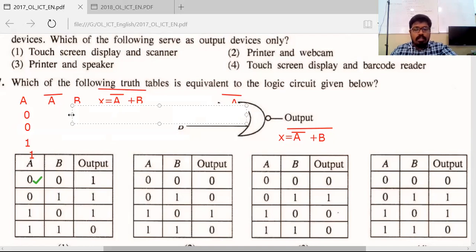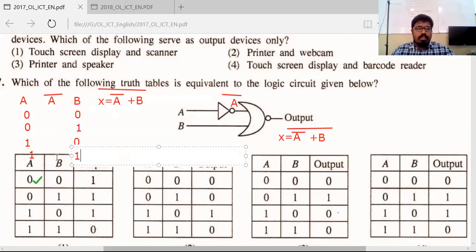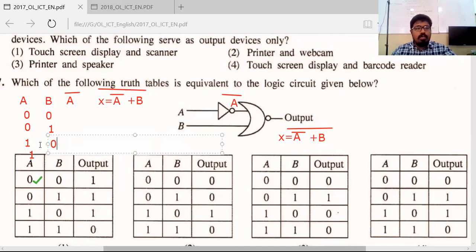So here, A, this is B, 0, 1, 0, 1. If you are having some inconvenience about this order, you can make the order like this. This is B, this is A bar. Now it is fine, right? So here B is equal to 0, 1, 0, and 1, right?